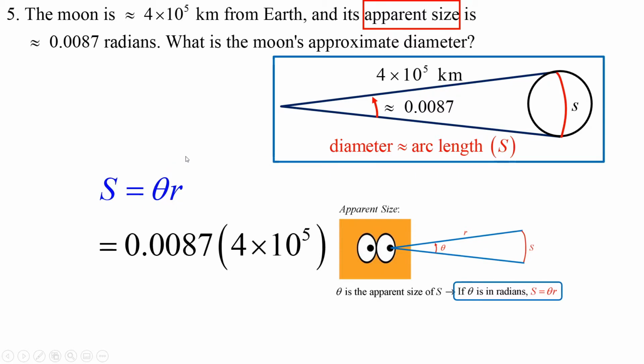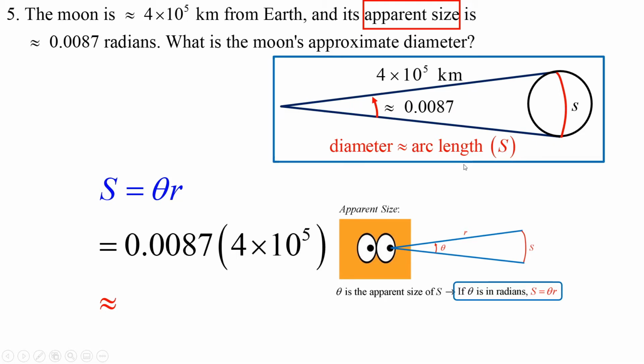Okay, and now we're approximating this. And what is the moon's approximate diameter? Well, we're just going to round whatever we get for this sector right here. We're going to round it to the nearest whole number, because this is a real rough estimate right here.